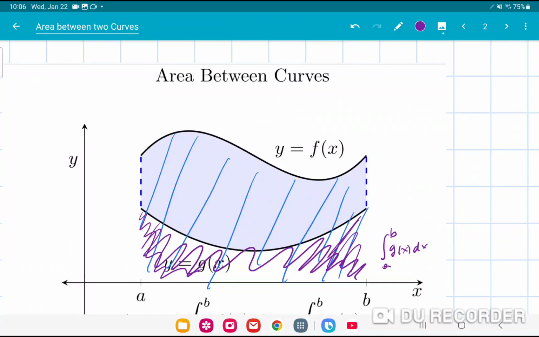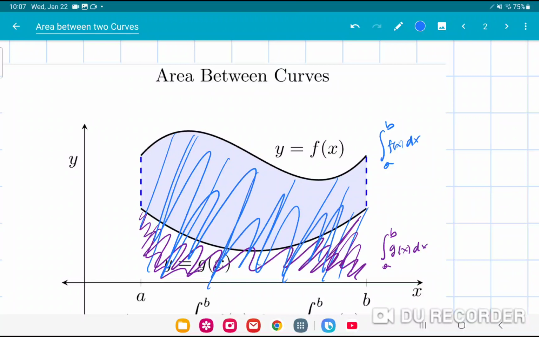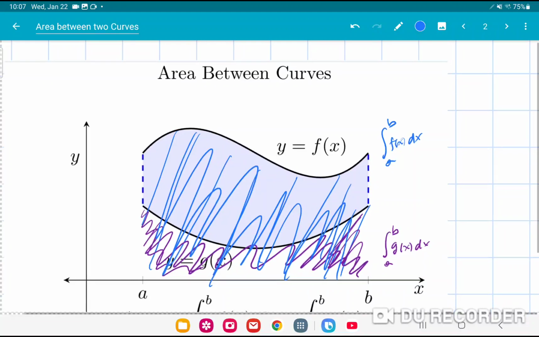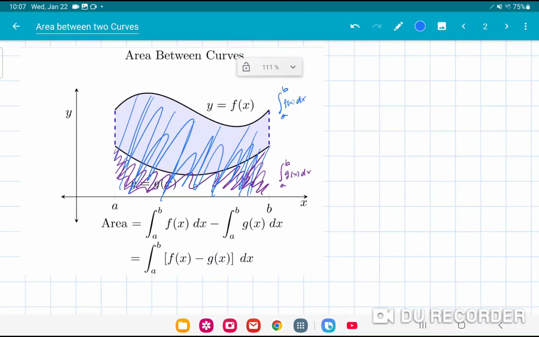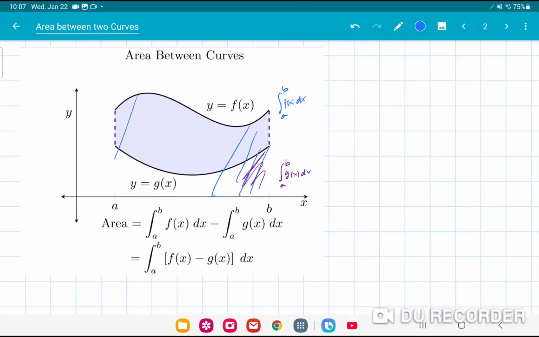So the first integral is the integral of f of x dx from a to b. That's the area under the graph of f up to the x-axis, all of this up to here. And this one is the area under the graph of g. So if you take the difference of these two, that will give you the area between the two functions.